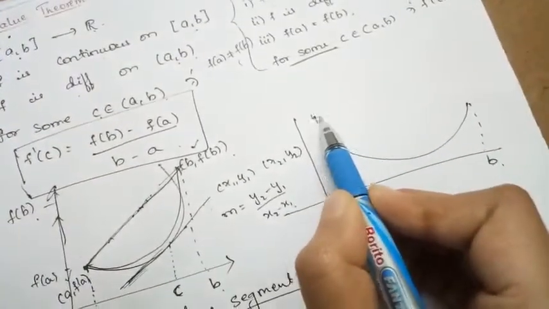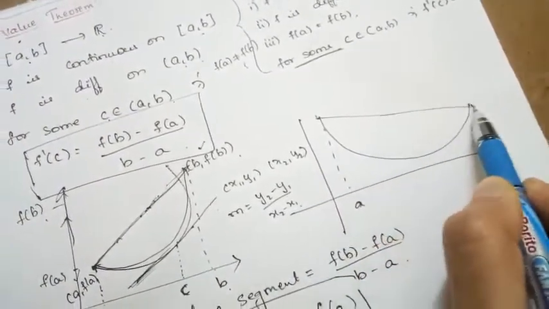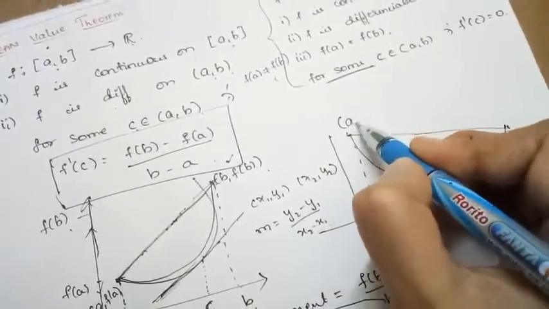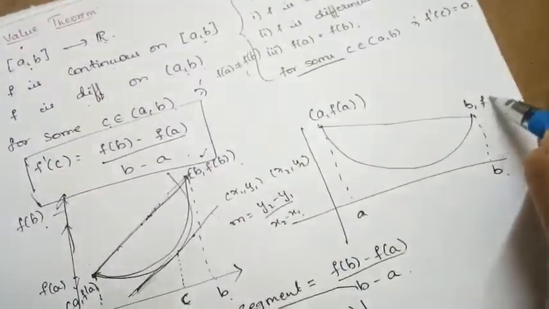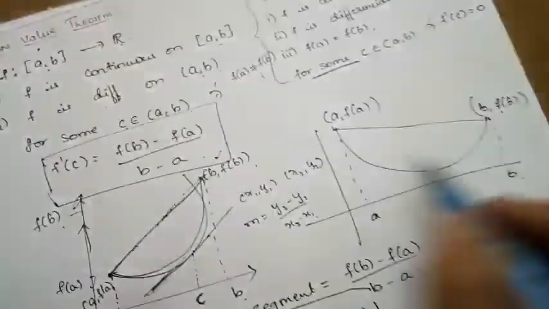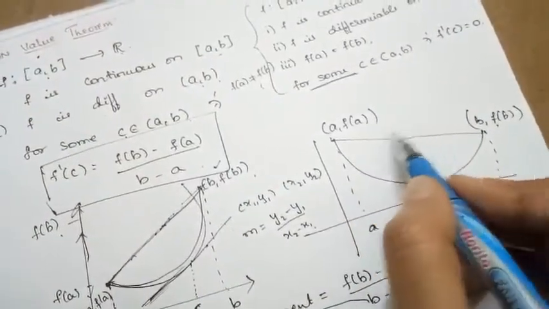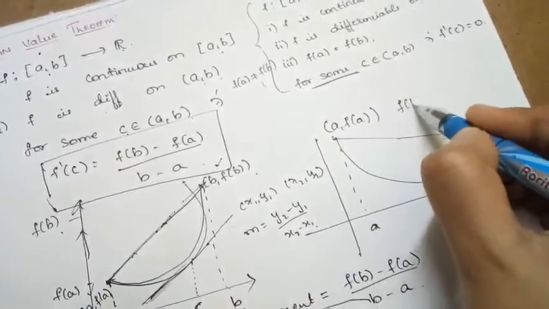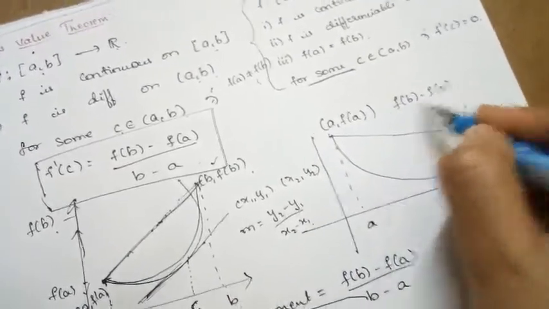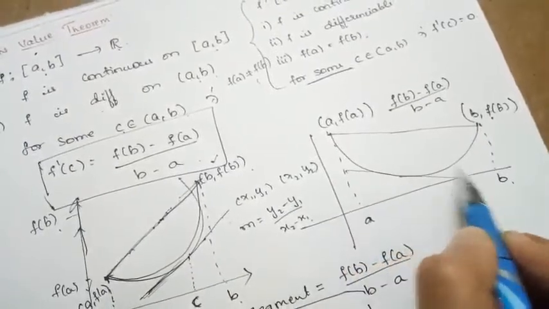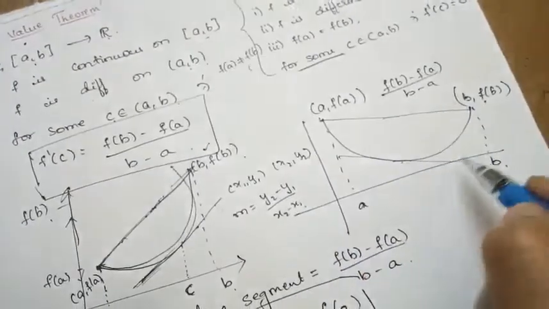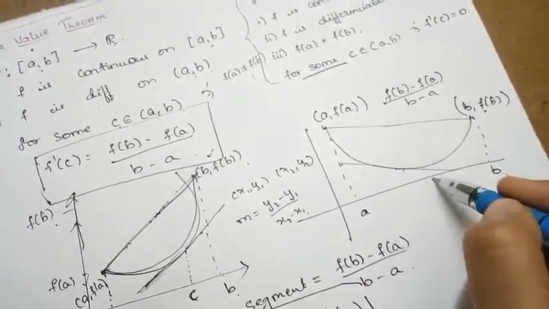Similarly, here also you can see I can draw the line segment. The coordinates of this point are (a, f(a)) and (b, f(b)). The slope of this line segment is f of b minus f of a divided by b minus a. If I draw a line parallel to this line, the slopes of these two lines are equal.